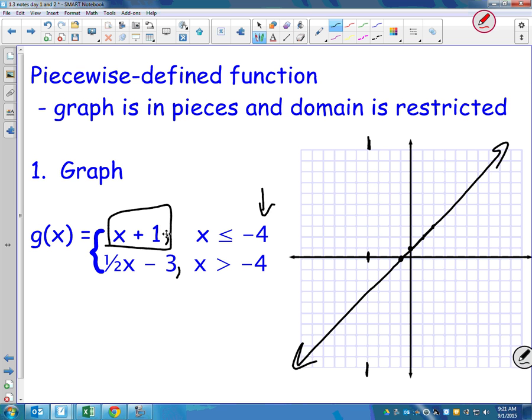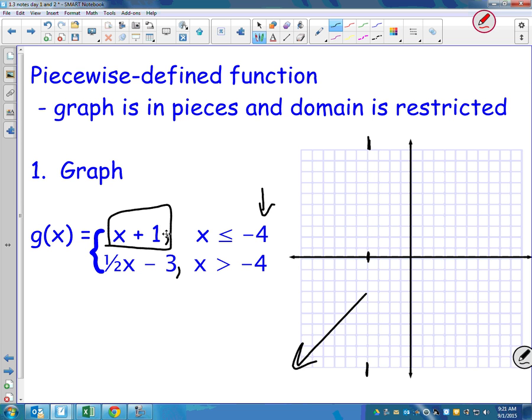So the rules of graphing haven't changed. It's just changed where I'm allowed to have it. So I'm not allowed to have it on this side of the line, right? I can only have it starting when x is -4. One thing you can always do is graph it and just go back and erase the part you don't need. Or maybe the easier thing to do is just plug in the point where it starts.